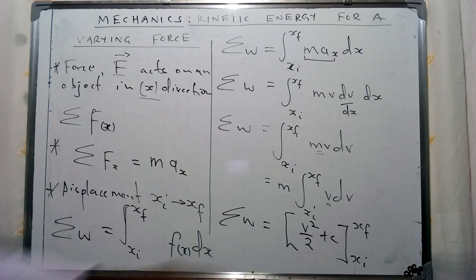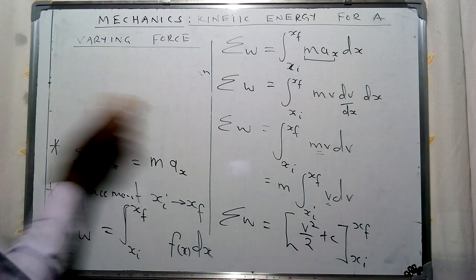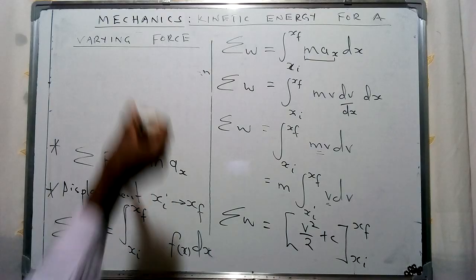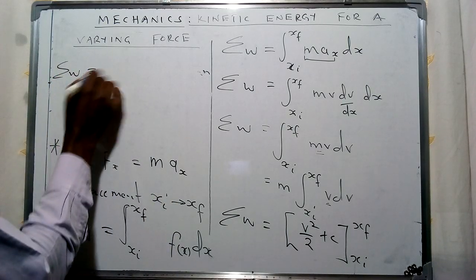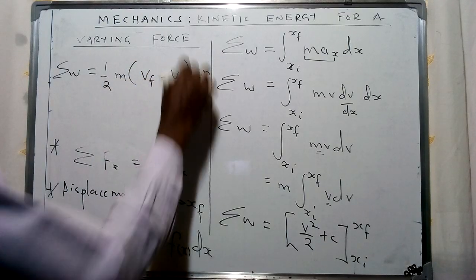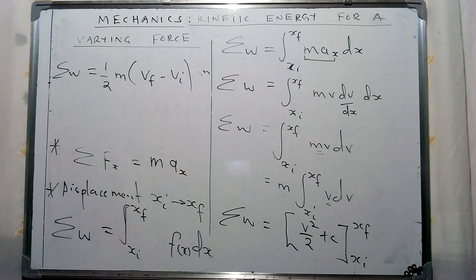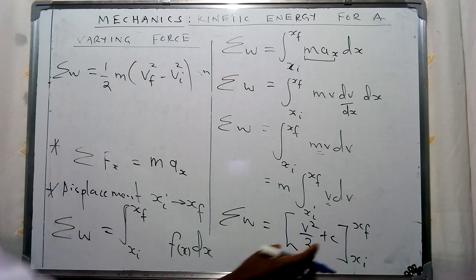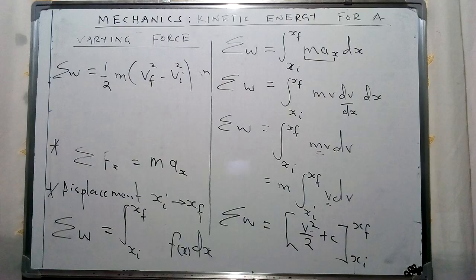So it is going to give us the final part of this equation, whereby if we do a substitution for x initial and final, this gives a version of the equation: the summation of W is equivalent to half m into v final minus v initial, in terms of the squares of these particular values, as we have seen from the integration we have done. So this is basically giving us a formula for finding the kinetic energy for varying forces.